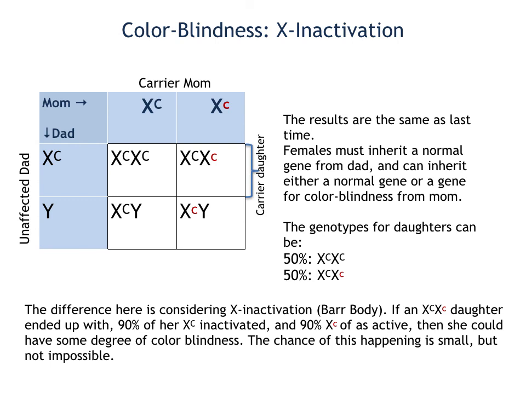But in some people, it might be 90%, right? So maybe in one female that's born, all by randomness, 90% or 99% of her good chromosome is inactivated, and it's always her bad chromosome with the color blindness gene that's the active one. Well, in that instance, you could end up with a colorblind daughter.